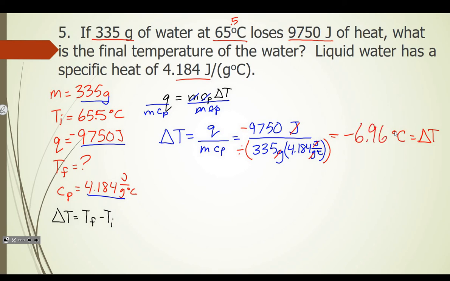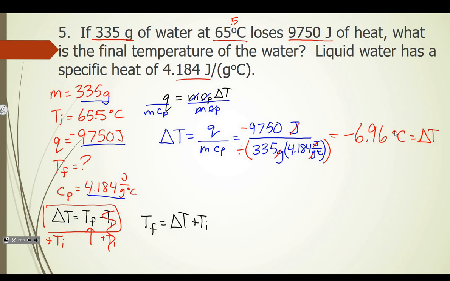6.96. Do I have a second? Anybody? Yes? Okay. All right, so we're not done. Now we've got to come down to this equation right here. And I'm trying to solve for TF. Okay? So when I'm trying to solve for TF, we're going to add TI to both sides, right? And when I do that, TI over here cancels out. And we end up with TF equals delta T plus TI.